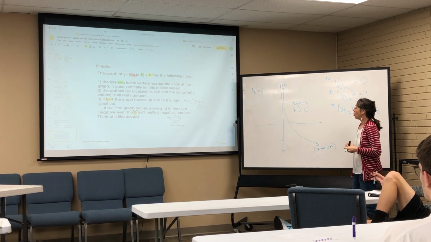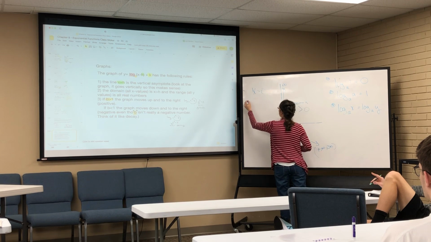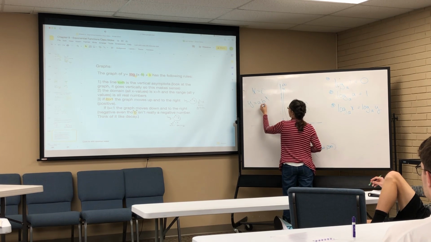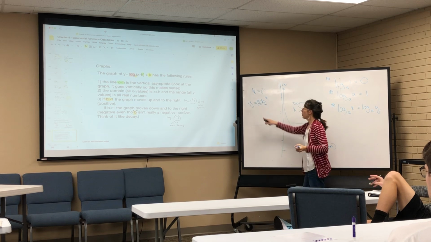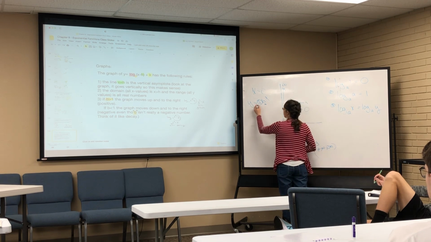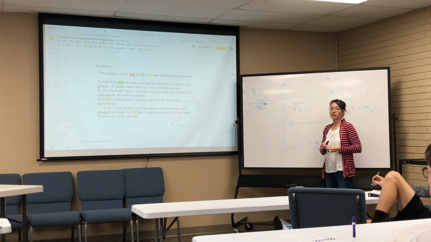We learned a couple of things when we were dealing with growth and decay. We had our basic function, y equals a times b to the x, and a was our what value? Our y-intercept. It was our starting value, where we started. And b was our growth or decay rate.